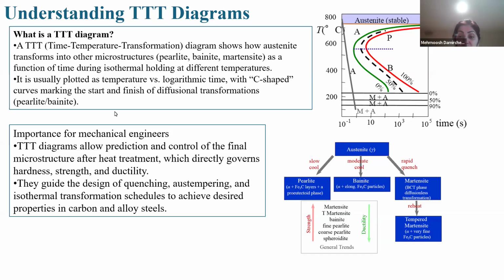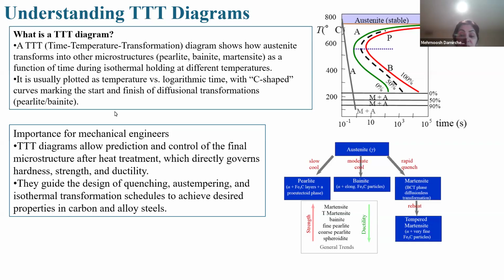Okay. The next one, what is the importance of the TTT diagram for us as mechanical engineers? They link the thermal history of steel to the microstructure formed, helping engineers, especially us as mechanical engineers, to design heat treatments effectively.